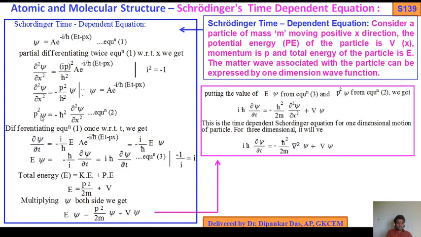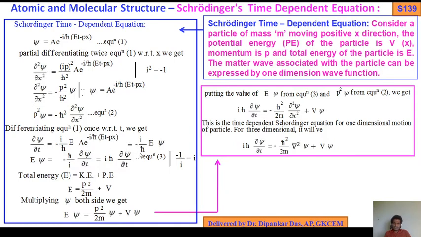We get the value of p square psi equals minus h bar square del square psi by del x square. Again differentiating equation 1 once with respect to t, we get del psi by del t equals minus i by h bar E into e to the power minus i by h bar (Et minus px), which again equals psi.